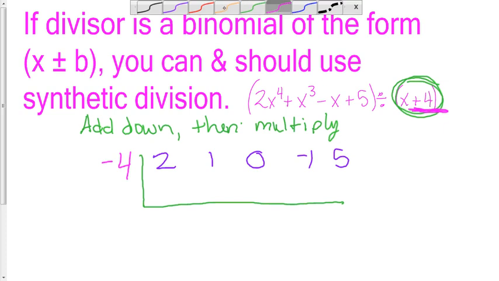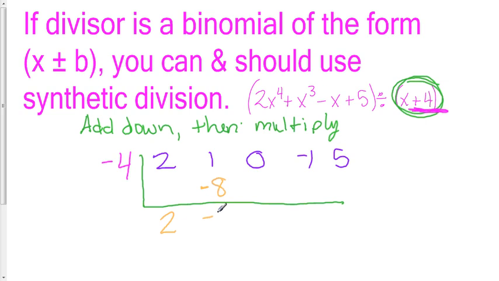And then you go through the process of adding down and multiplying. So 2 plus nothing is 2. That would be a -8. Then we get a -7, a positive 28, -112, and then a -113. Finally, 452 and 457.